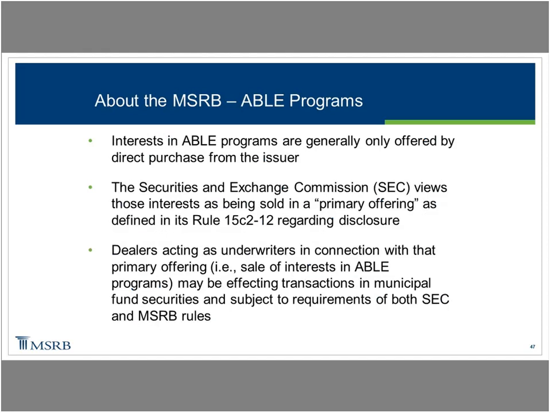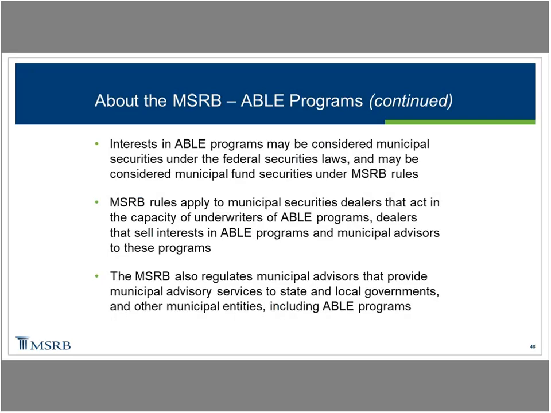So the crux of this really, you'll see on the next slide, is that interests in ABLE programs may be considered municipal securities under the federal laws. And to the extent that they are, they might also be considered municipal fund securities under MSRB rules, which is essentially a subset of municipal securities. So if these interests in ABLE programs are considered municipal securities, then MSRB rules would apply to them to the extent that there's a dealer involved or a municipal advisor involved in advising the sponsor or the state of that particular program.